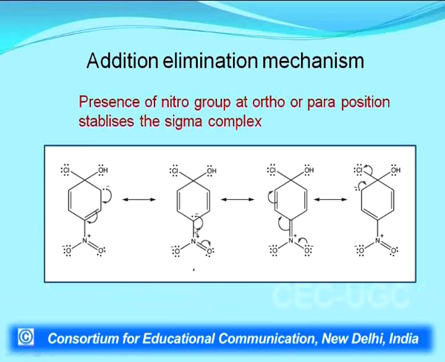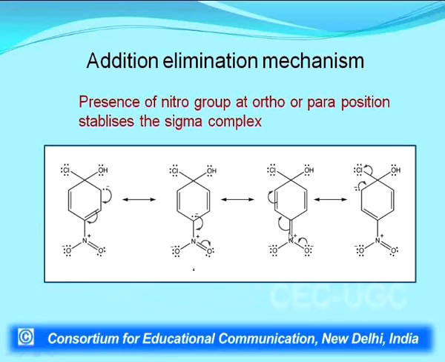When the negative charge comes here, this goes to form a bond between carbon and nitrogen, and this pair of electrons shift toward oxygen, and then this goes back and negative charge comes here. So, instead of the 3 resonating structures, that is one this, second this, and third this, this is an extra resonating structure in which the negative charge has been shared by this nitro group.